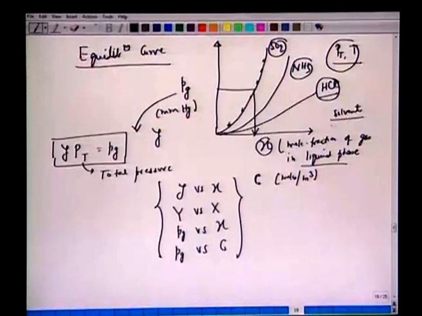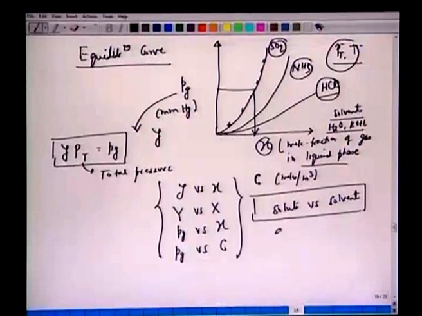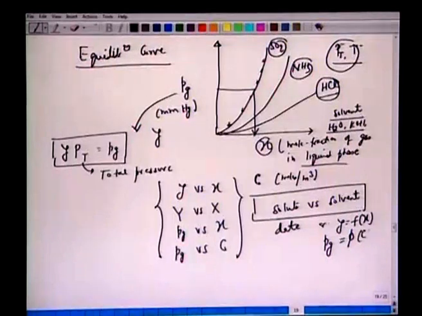The solvent may be water, we said it may be KOH, maybe H2SO4, etc. So, given pressure and given temperature, we have a system of solute versus solvent, and we have the data, or some equation y equals some function of x, or Pg as some function of concentration, etc.